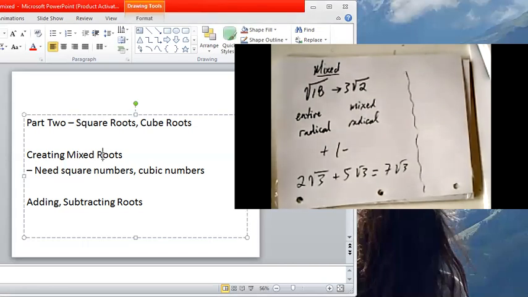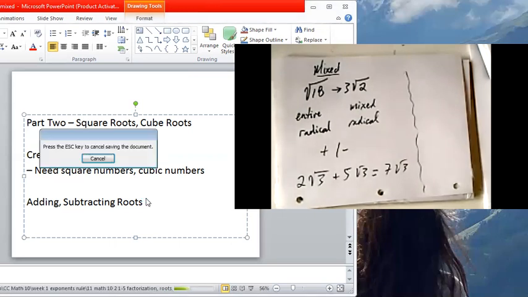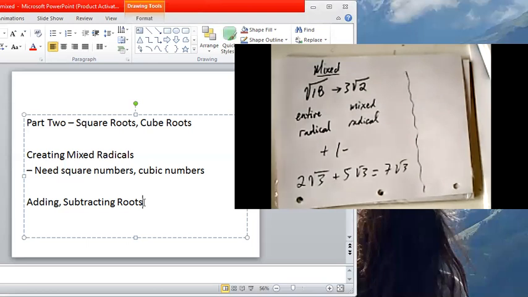It's not creating mixed roots, it's creating mixed radicals. Roots are something else. Same down here, adding or subtracting. Oh, there you go, that's what happens when you're too aggressive. That should be radicals there. Square roots, yes. Cubed roots, mixed radicals. Okay.